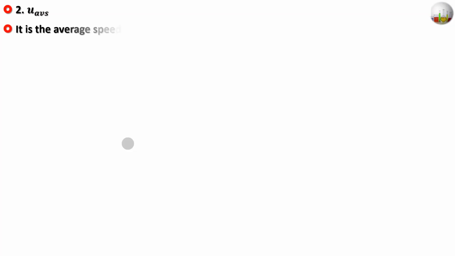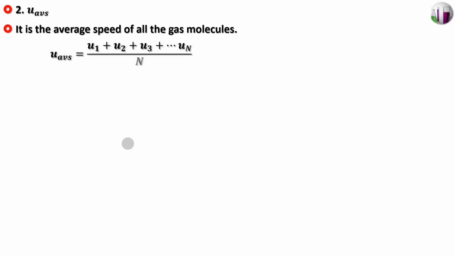So it is the average speed of all the gas molecules, and this is what it looks like. But remember, not all molecules have different velocities. N1 molecules may possess U1, N2 may possess U2, N3 may possess U3. So instead of adding U1, N1 times, I'll just multiply N1 and U1.